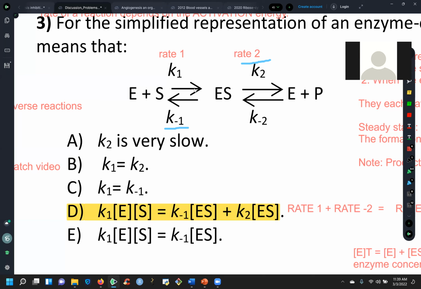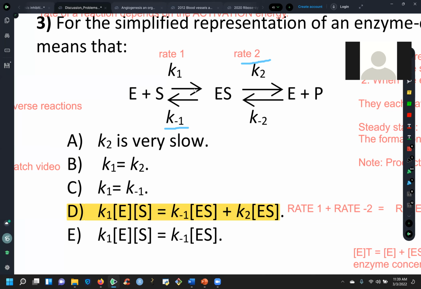So this would be the reactant, or actually this would be the substrate. And this would be your product. Okay, so here you only have the enzyme by itself. And then you add it to the substrate, which is our little circle. And that'll give you an enzyme substrate complex.